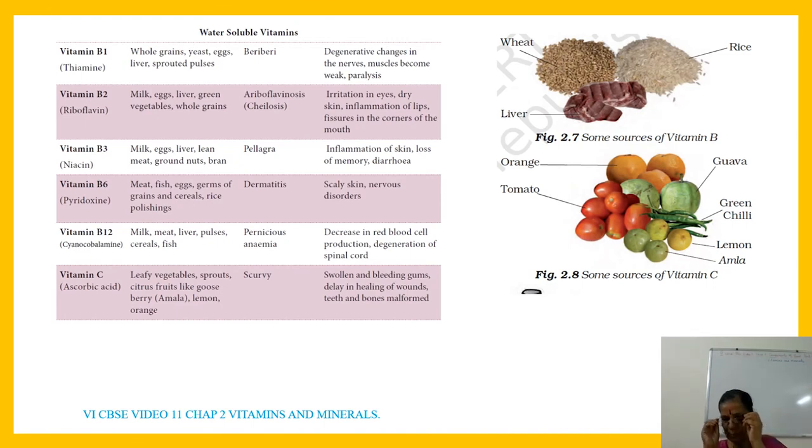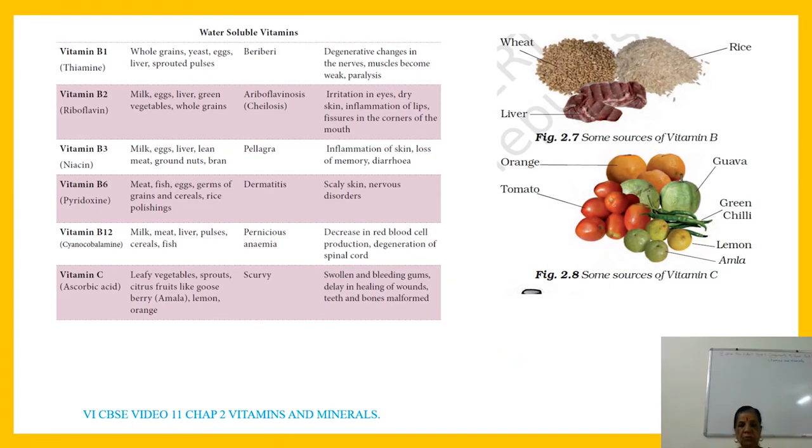Okay. So I repeat, B1 thiamine, B2 riboflavin, B3 niacin, B6 pyridoxine, B12 cyanocobalamin, and vitamin C, it is ascorbic acid.